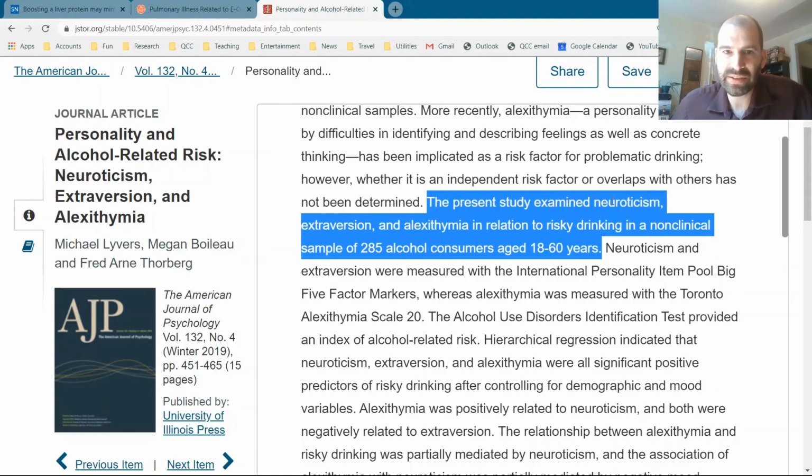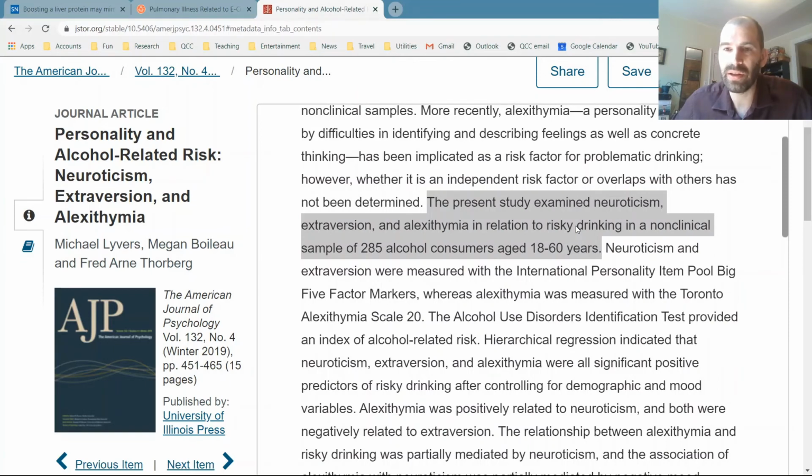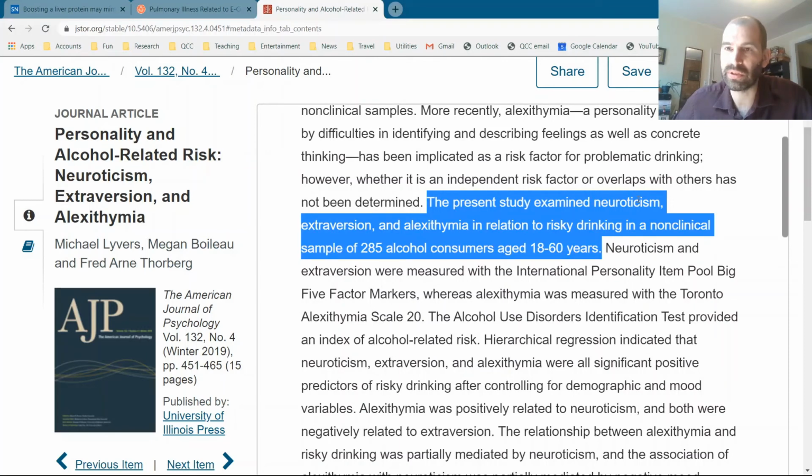I can think that neuroticism, extroversion, and alexithymia might be causing people to have risky drinking habits, which would be that those three psychological conditions are the explanatory variables and risky drinking is the response. Or it could also be the other way around. Maybe risky drinking is causing people to have these psychological conditions, in which case risky drinking would be the explanatory variable and those psychological conditions would be the response.